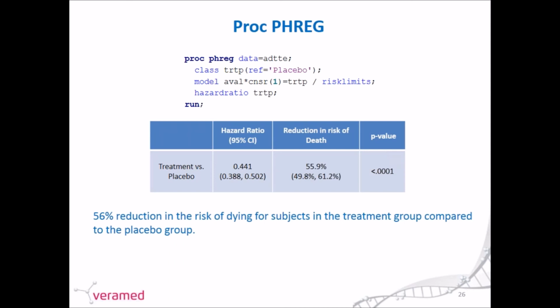If they cross the value of 1, it seems to suggest that this is not a significant result. And you can also check that from the p-value. So our p-value here is very low, so we can assume that this is statistically significant. If you convert that into the reduction of risk, it suggests that we've got a 50% reduction in risk of dying in this time.